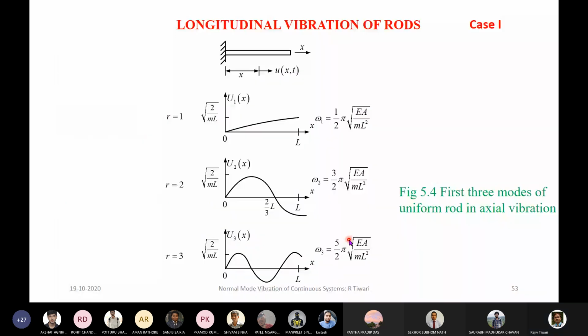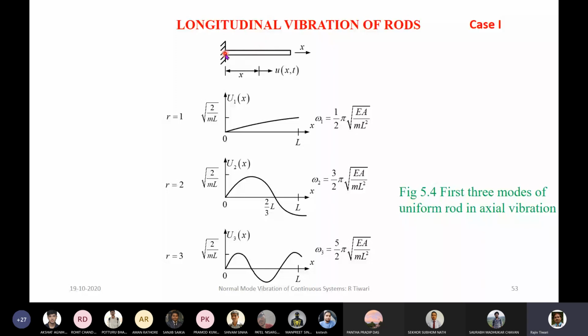So here we have the cantilever beam case we have considered. This is the first mode natural frequency, and the shape of the vibrations will be like this. To visualize this displacement, you see that this particular rod is vibrating axially.